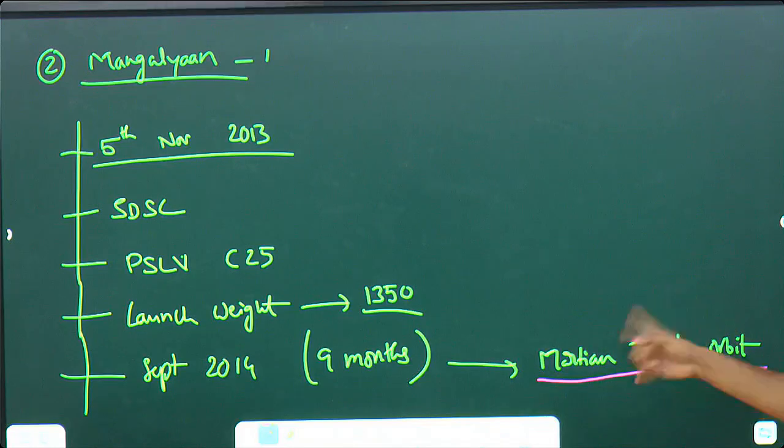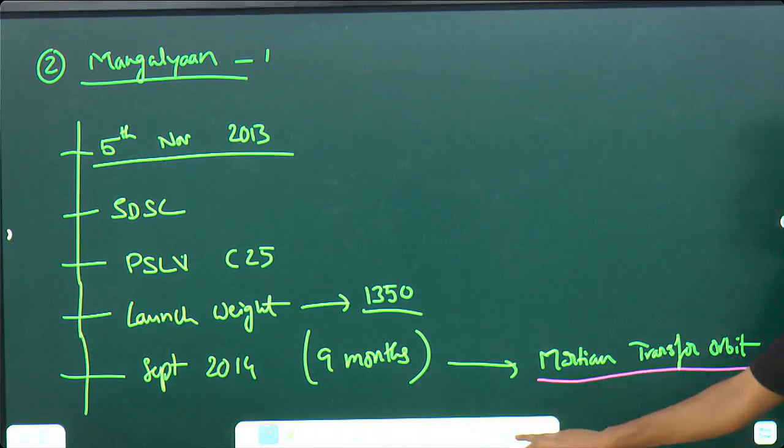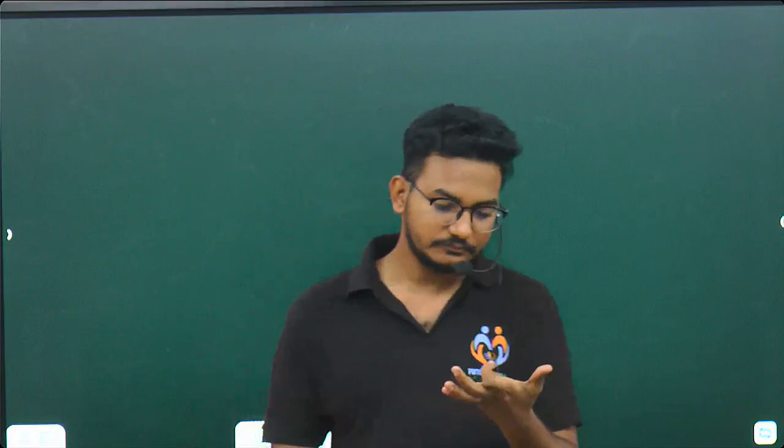There is a story behind this, and they have clearly shown it in the movie Mission Mangalyaan. As you haven't seen this movie, let me explain. The budget allocated for this team is quite less.